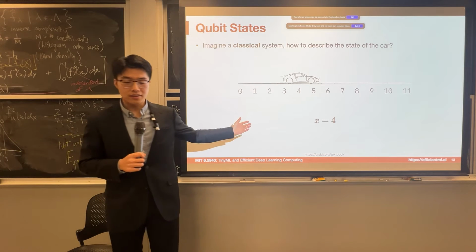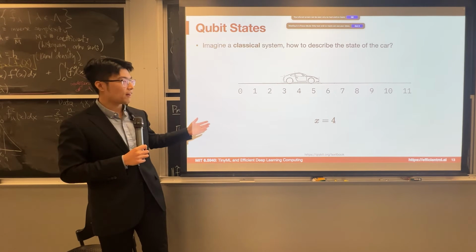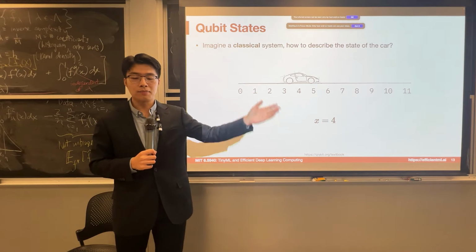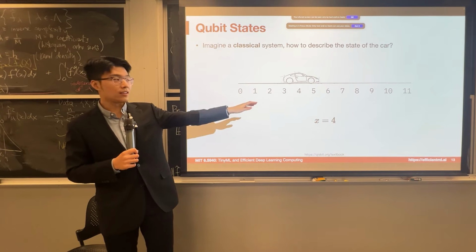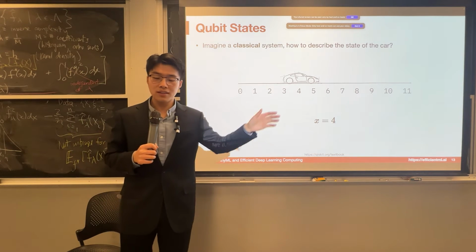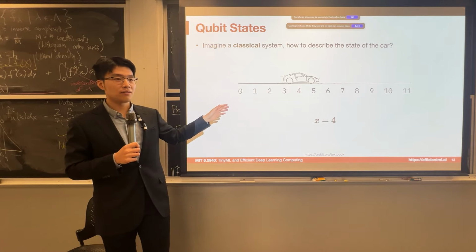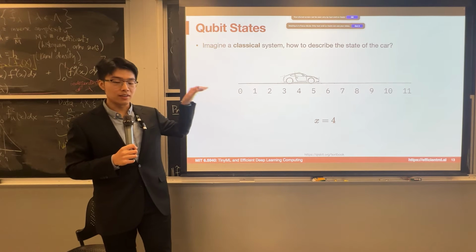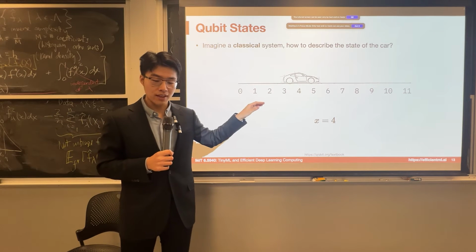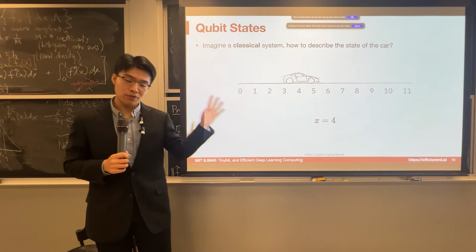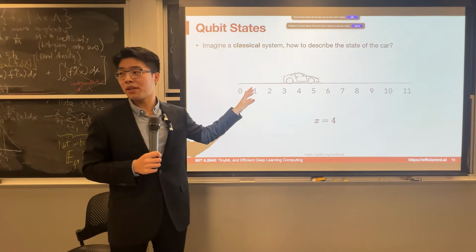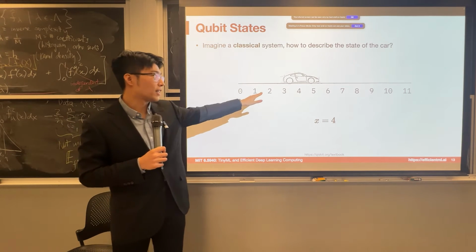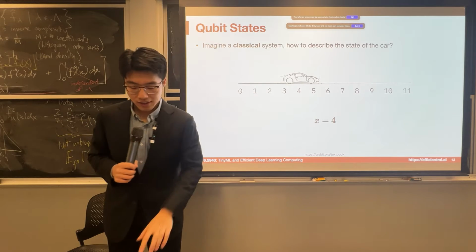Just like in a classical system, imagine a car running on the road and we try to know the current state of the system. If it's just one dimension of the road, we can just use the number 4 to represent all the information in the system, because the car is right now at 4, right?